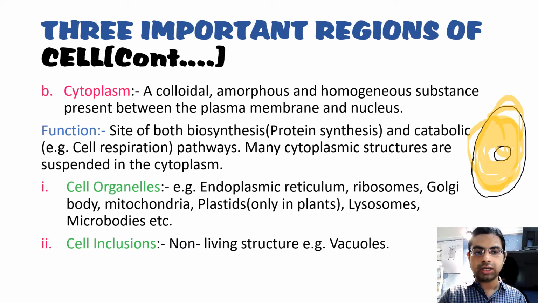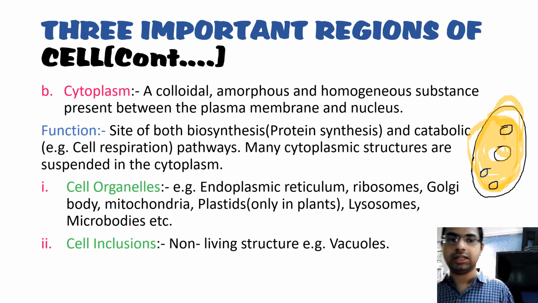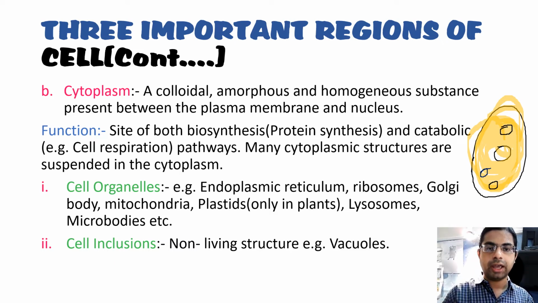Cell organelles are living and cell inclusions are non-living. Together, these are cytoplasmic structures, that is, cell organelles and cell inclusions. Cell organelles, for example, are endoplasmic reticulum, ribosomes, Golgi body, mitochondria, plastids, lysosomes, microbodies.